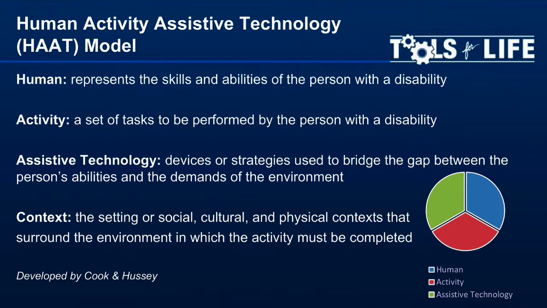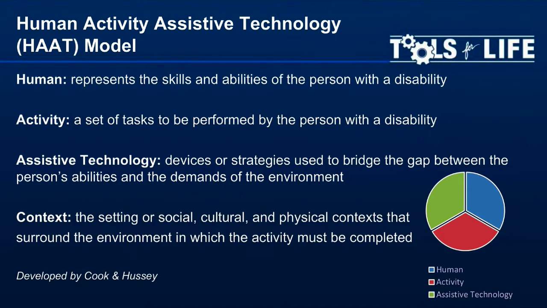That's what the HAAT stands for, H-A-A-T. You'll see a similar thing in education called the SETT, which is Student, Environment, Tasks, and Tools. What we're looking at here is first the human: what skills and abilities, what are the strengths, what are the weaknesses that the person brings.